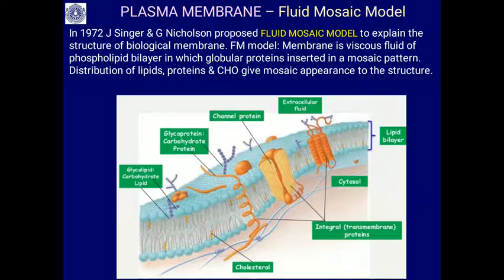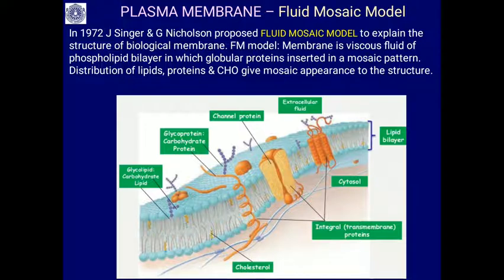So, this plasma membrane structure is now a well-designed structure, that is the fluid mosaic model, which was proposed in 1972. Singer and Nicholson proposed the fluid mosaic model to explain the structure of biological membranes.